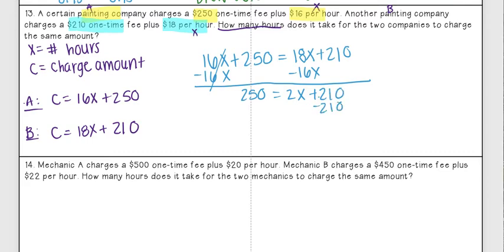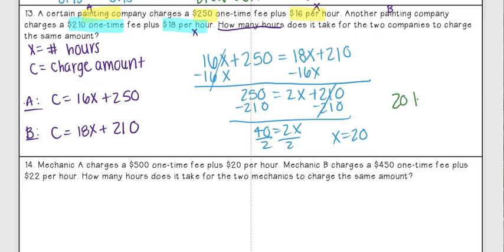Subtract 210. Divide by 2. So x is equal to 20. So the answer here is 20 hours. So after 20 hours, both companies charge the same amount.